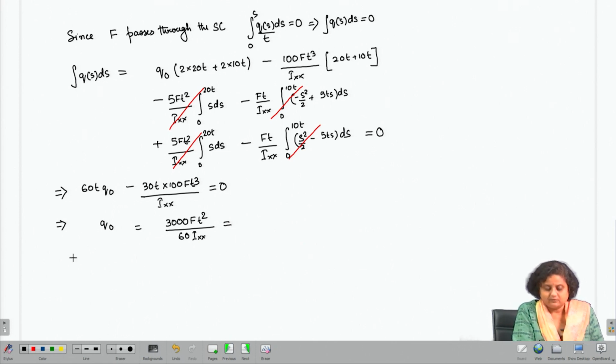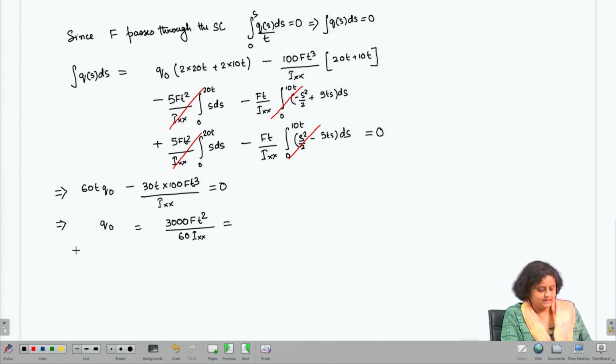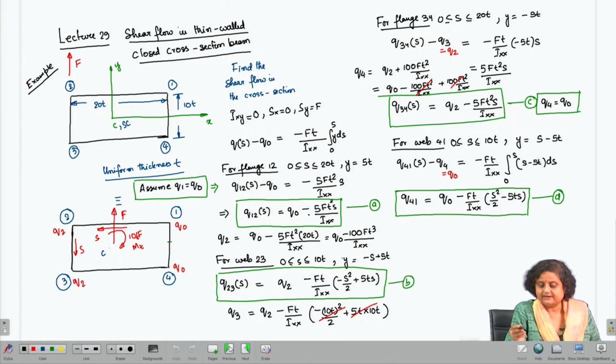If we evaluate Ixx, we will see that for this particular case Ixx is going to become 20. Let us evaluate Ixx, as we have not evaluated it yet.